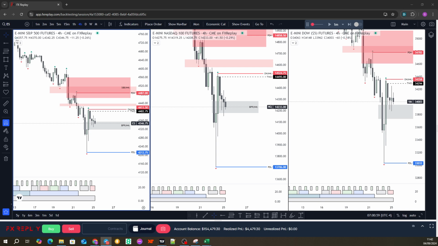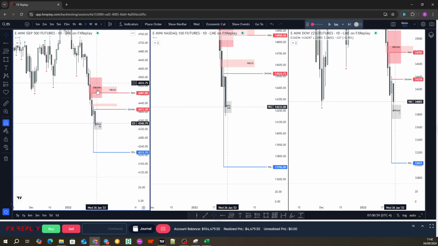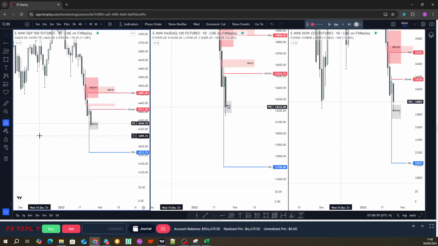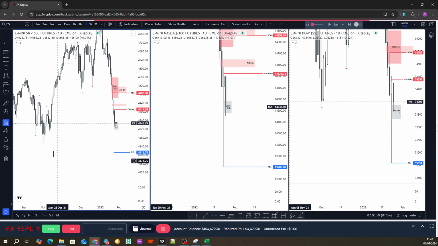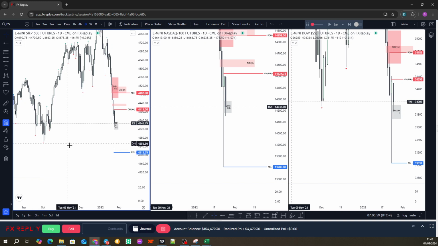So we need to bear that in mind. Okay, we haven't seen evidence yet to suggest higher prices based on that alone. Okay, so external range, basing this on the current leg of price. Okay, rejected old lows here.